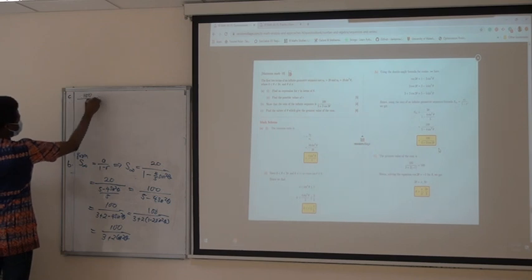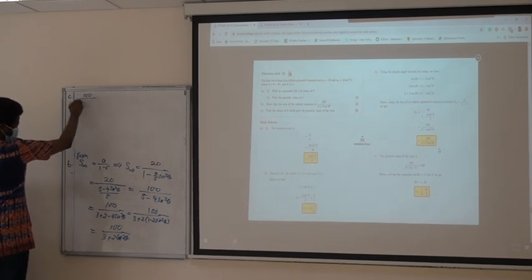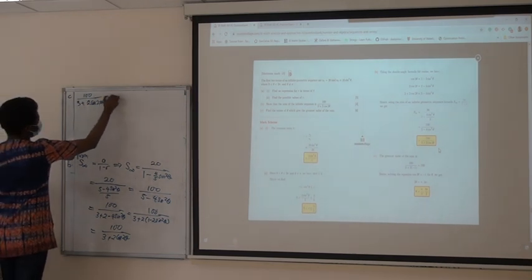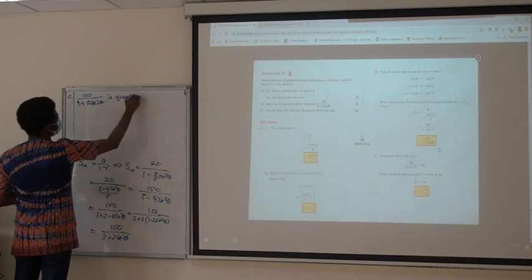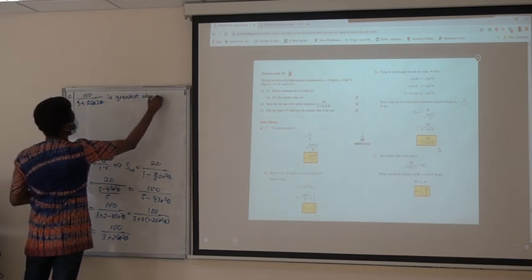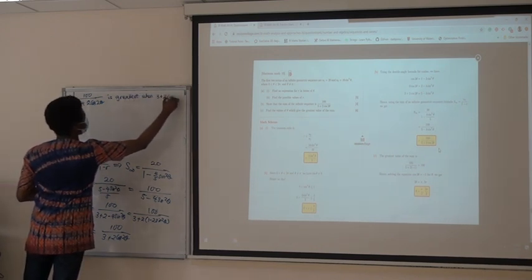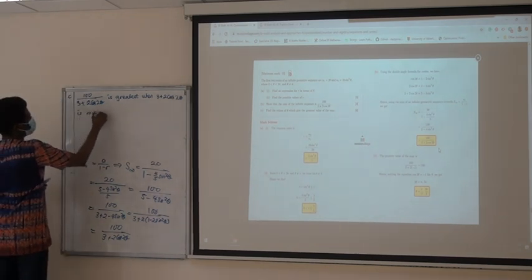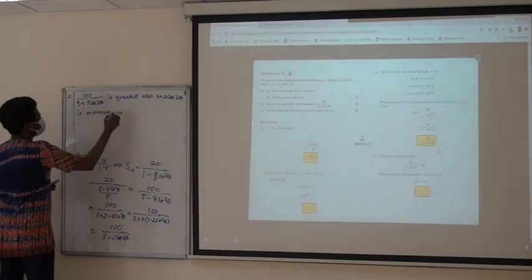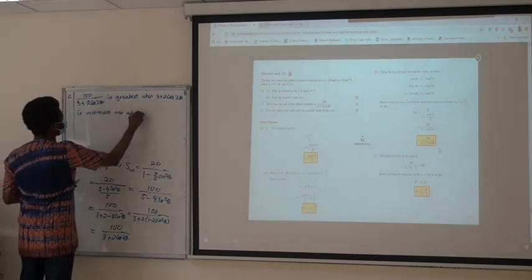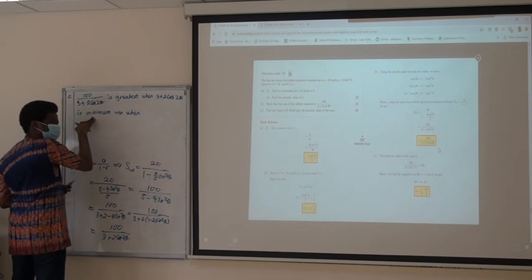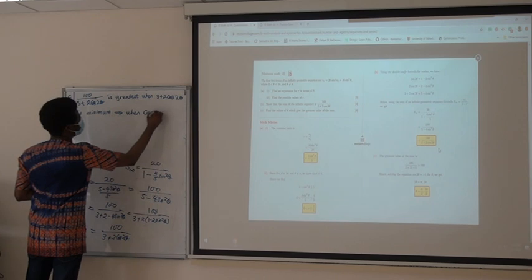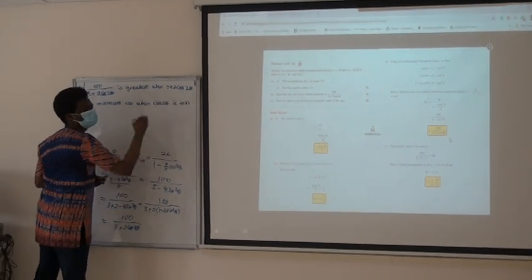100 divided by 3 plus 2 cos 2 theta is greatest when 3 plus 2 cos 2 theta is minimum. Which means this is minimum when cos 2 theta is minimum.